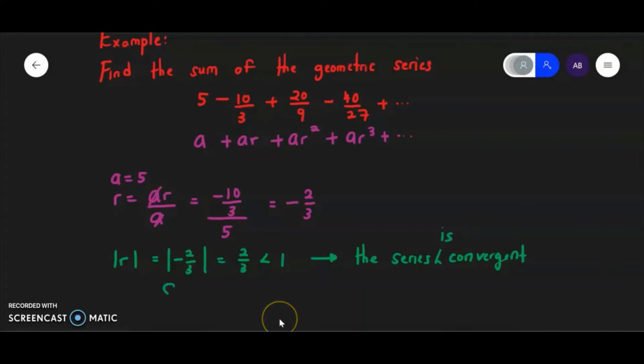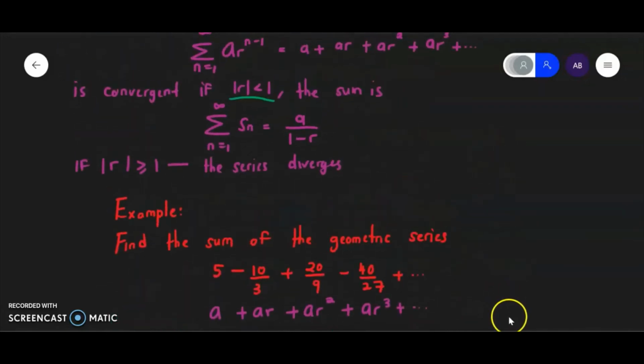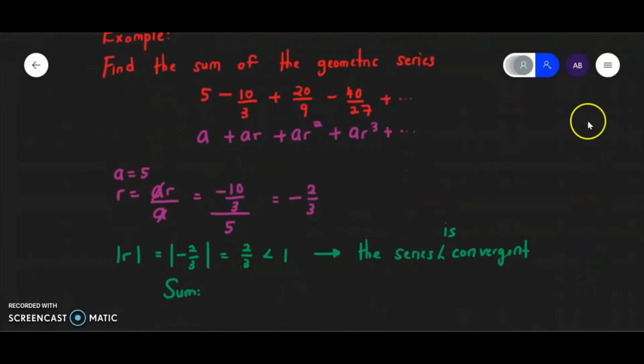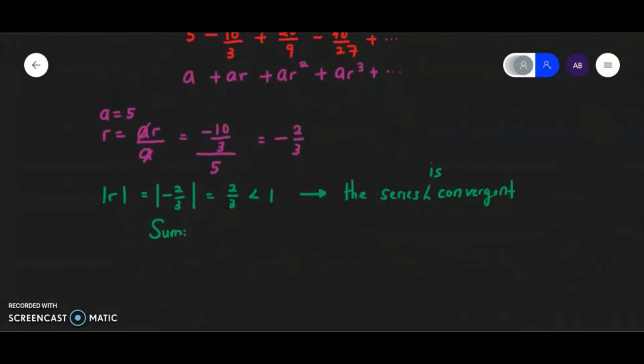So how to find the sum? This is the sum: S equals A over 1 minus R. So what is my A? A is 5. 1 minus R is 1 plus 2 over 3.